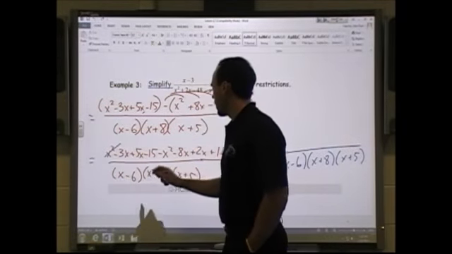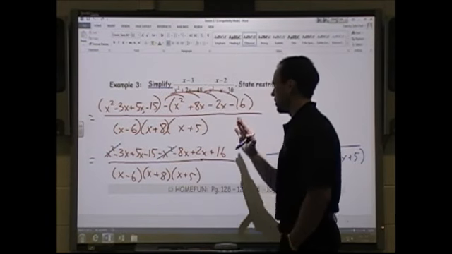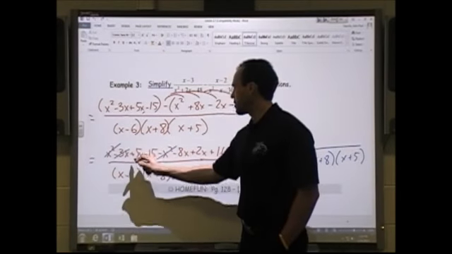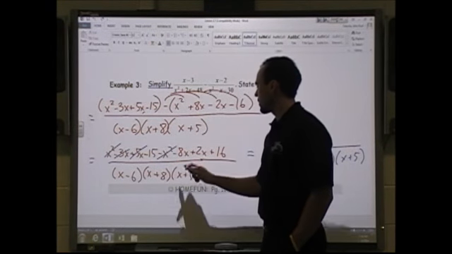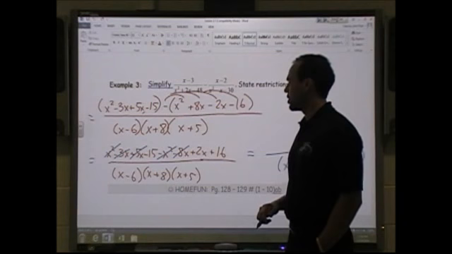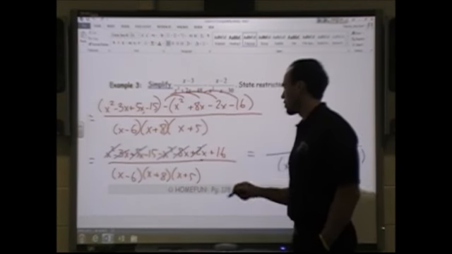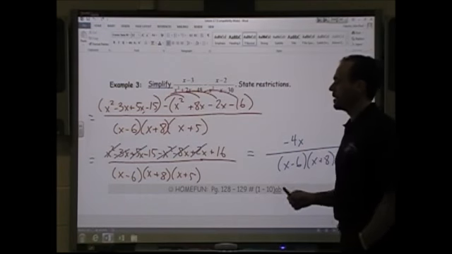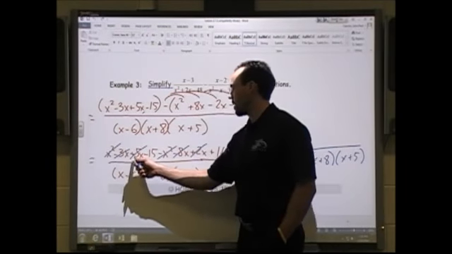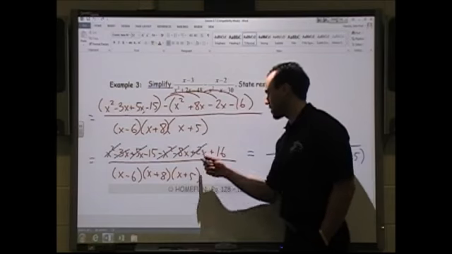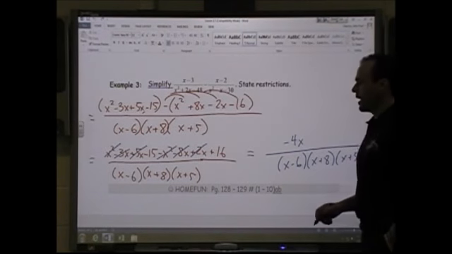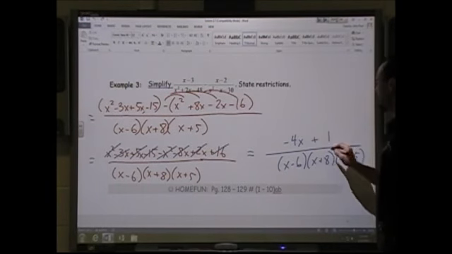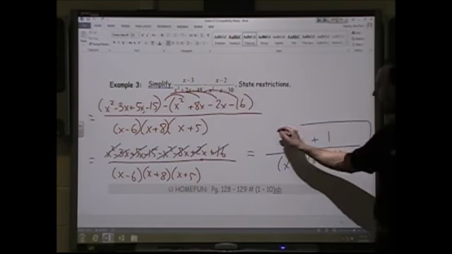Well, x squared minus x squared is gone, it's just 0. Then I have negative 3x plus 5x, which is 2x, minus 8x, which is negative 6x, plus 2x, which is negative 4x. Negative 3 plus 5 is positive 2, minus 8 is negative 6, plus 2 is negative 4x. And then I have negative 15 plus 16, which is positive 1. This is my final answer.